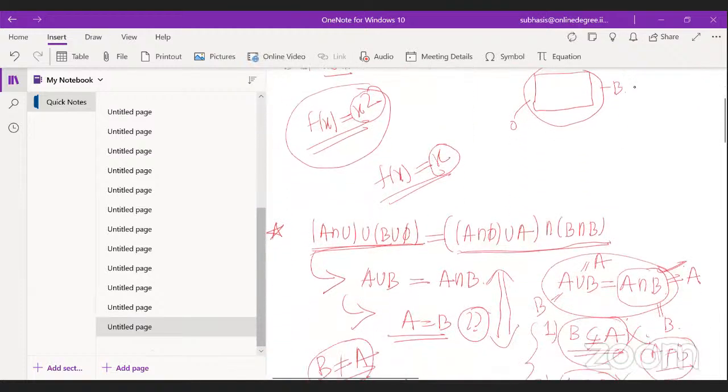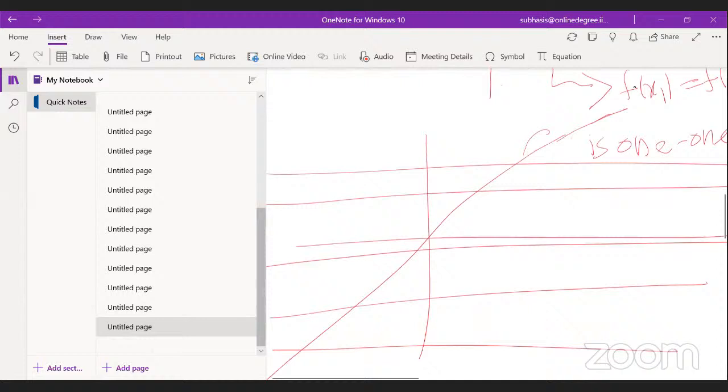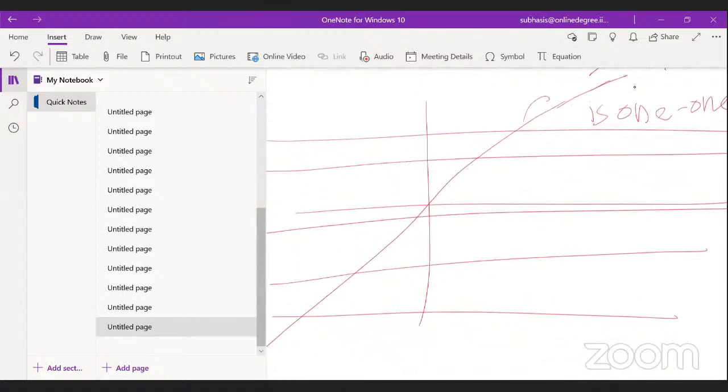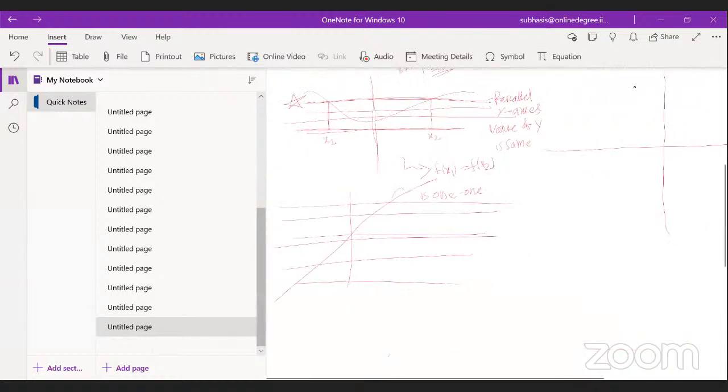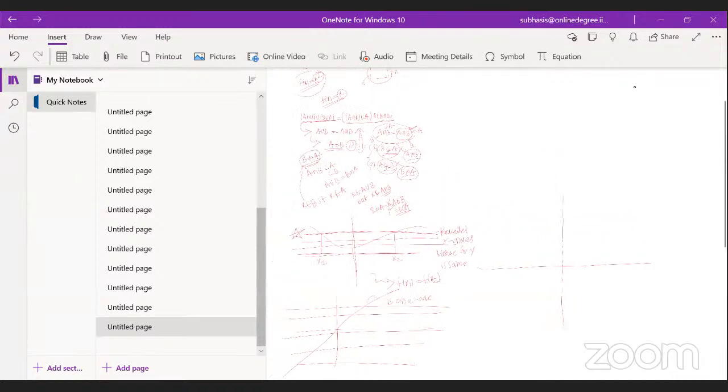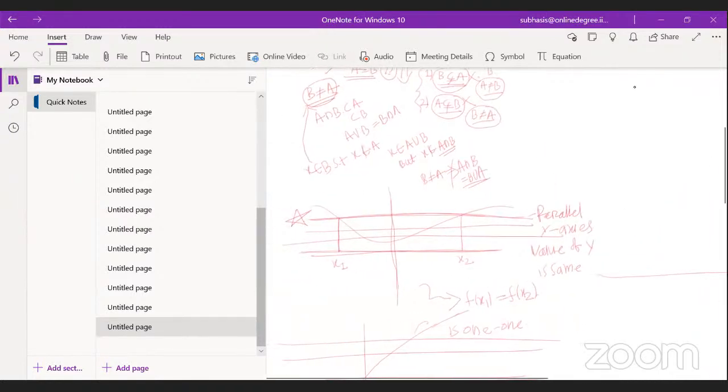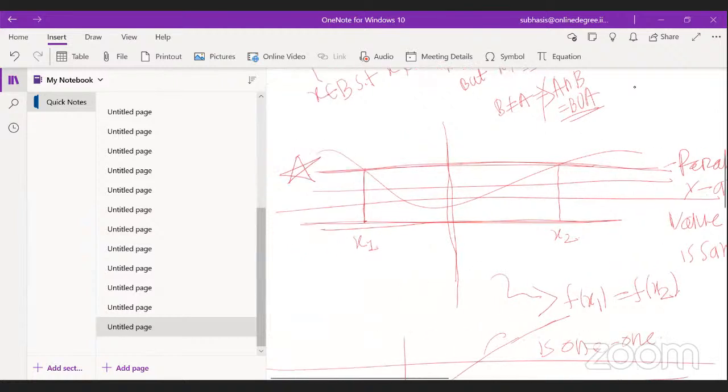But if you have a function from R to R, then you can draw this horizontal line, and you can check whether you have an intersection point with the given curve. If you have an intersection point, then you can say whether this function is onto or not.